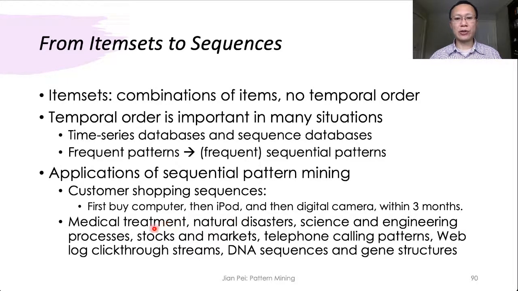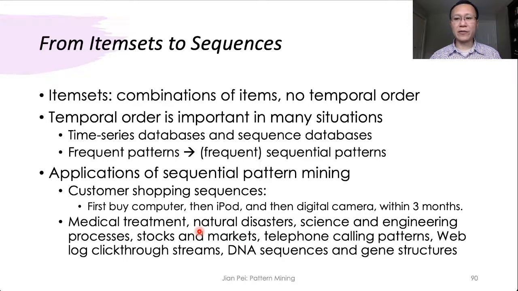Science and engineering processes are another important example of sequential patterns. Many people look at stocks and markets. They want to find sequential patterns in stocks and markets so that they can understand the consequences of some events. They try to find early features and early signals that they can use to make their investments more successful.